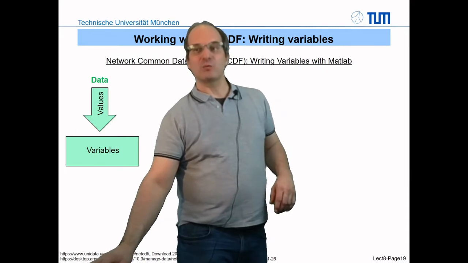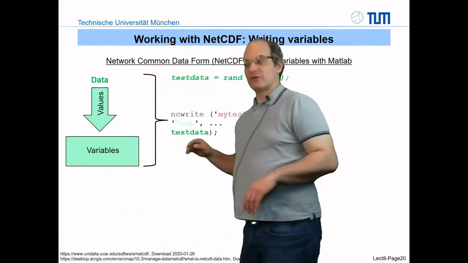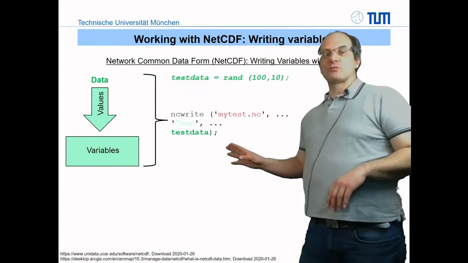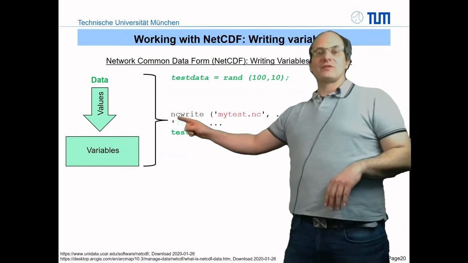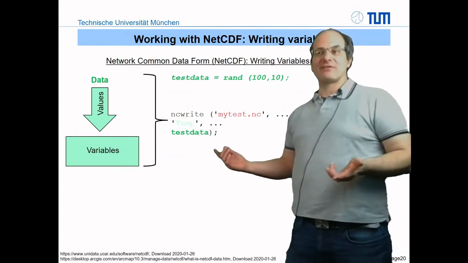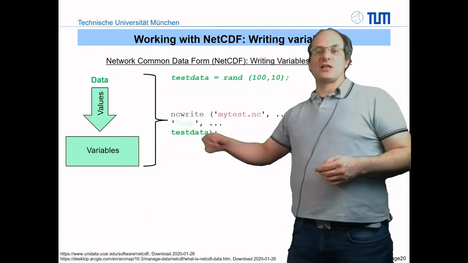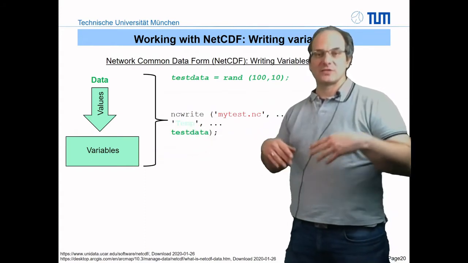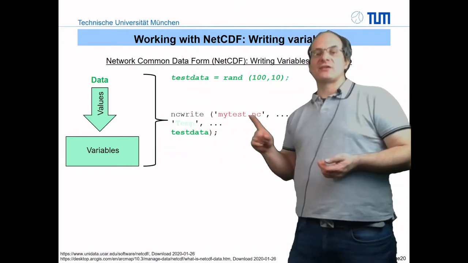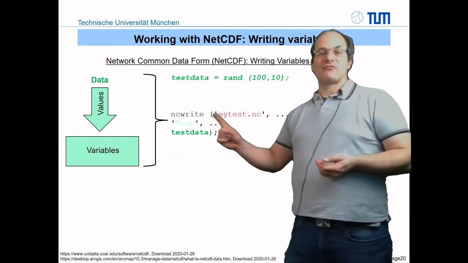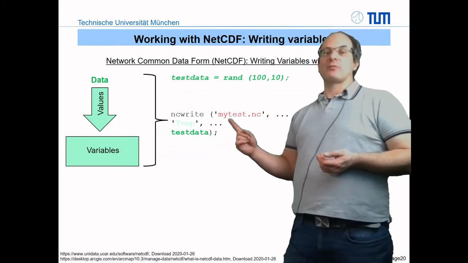Again, it's just one single function which you use, and it's called ncwrite. Again, all of these functions dealing with NetCDF have this additional header nc, and you write ncwrite, and then you name again the file which you want to use, where you have this variable created.